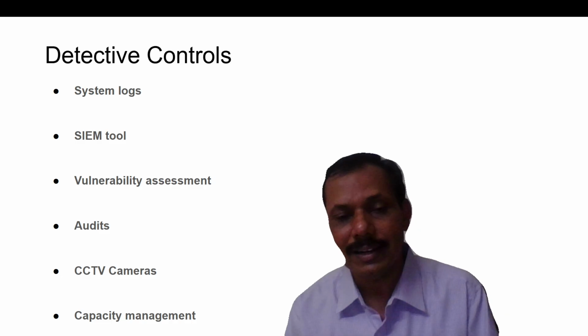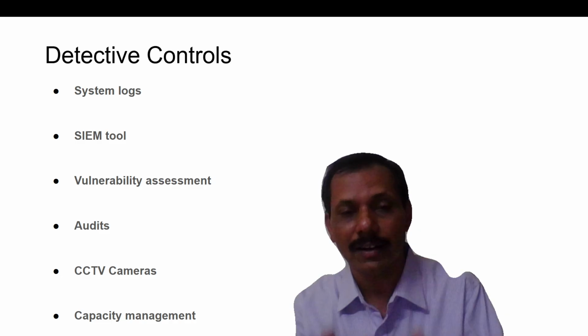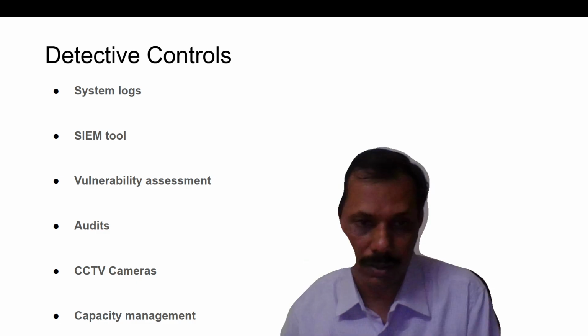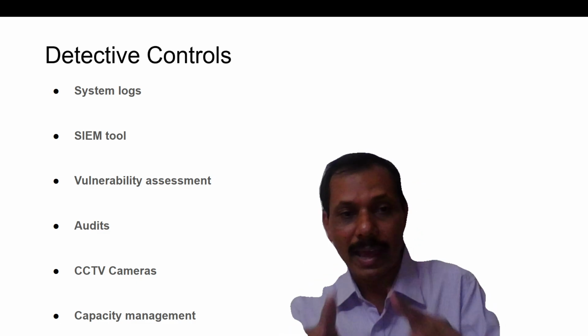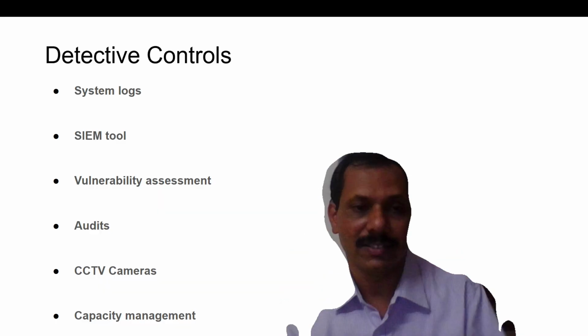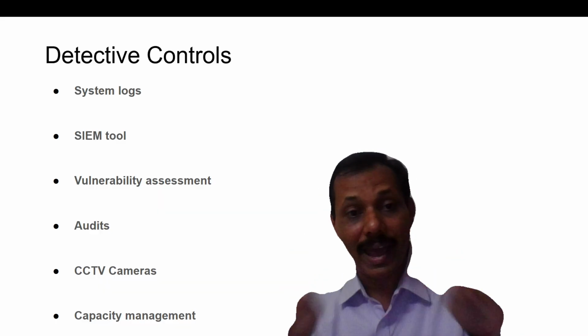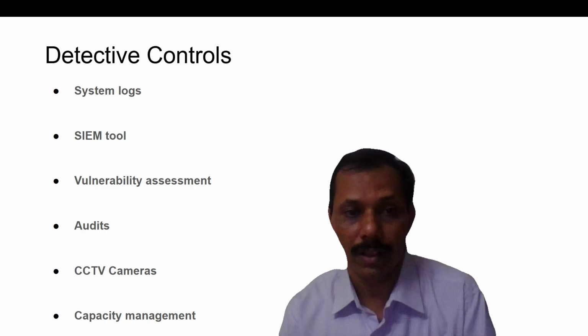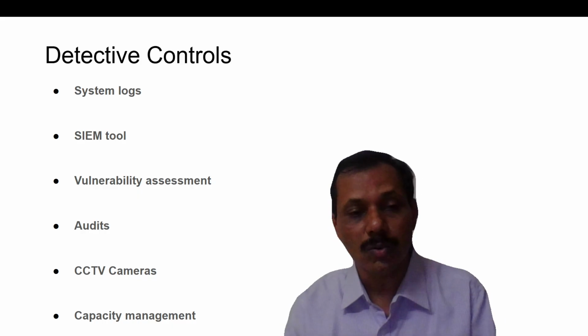Many people think that a CCTV camera is a deterrent control, but it is not. If you see a banner that this area is under CCTV surveillance, then yes, that banner is a deterrent control. The purpose of the banner is to deter people.